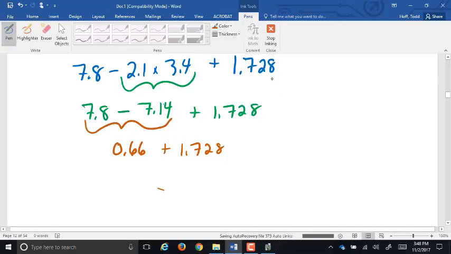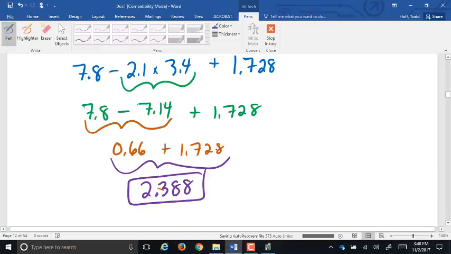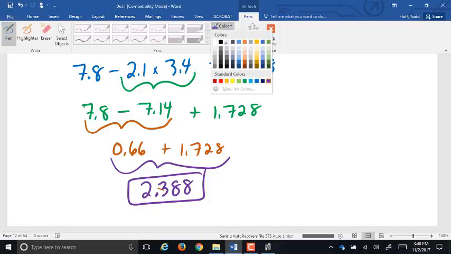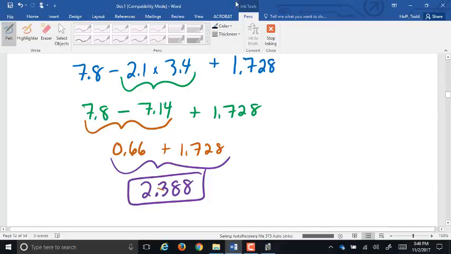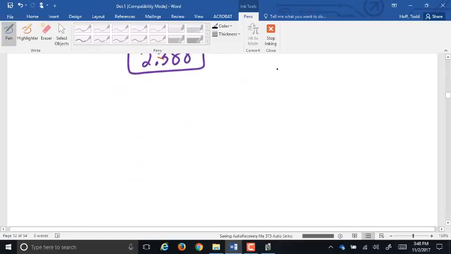We add that with the 1.728, that's going to be 2.388. Is that what you guys got? Perfect. I'm going to have you guys try a couple of these in your notes.